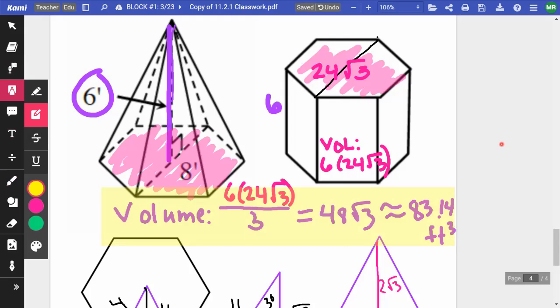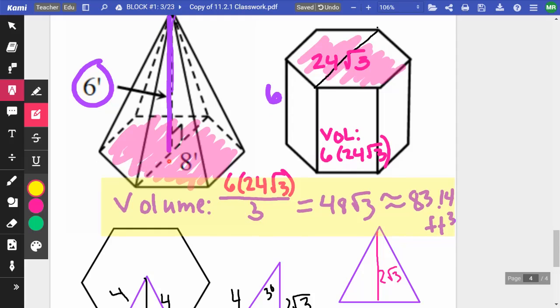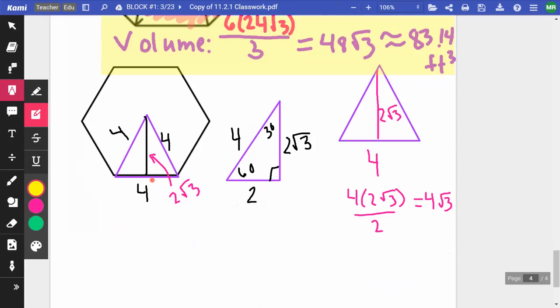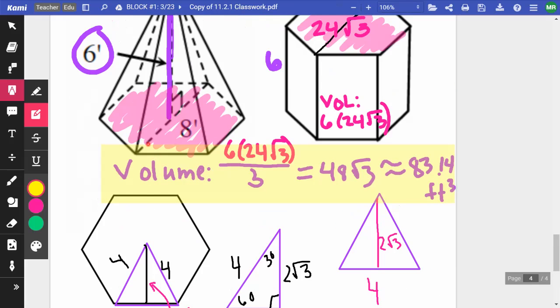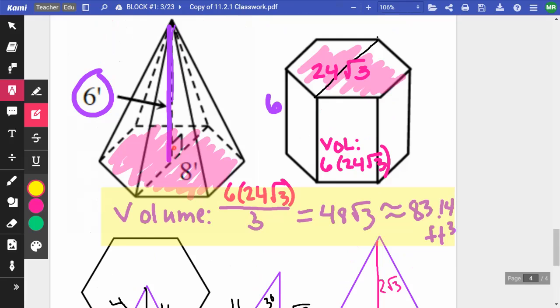I already found the area of the base. It's 24 root 3. So I found my hexagon. I need to now find my triangles, and each of these triangles is going to be the same. Each is going to have a base of 4 because my hexagon has a base of 4.